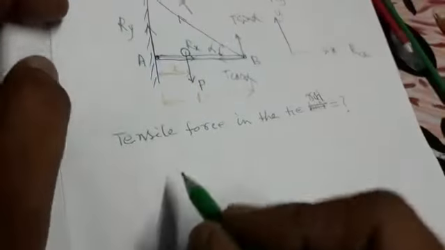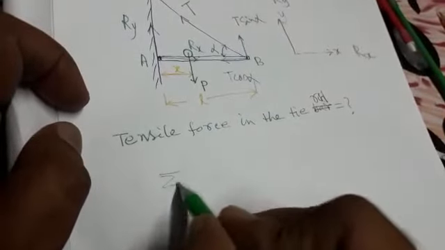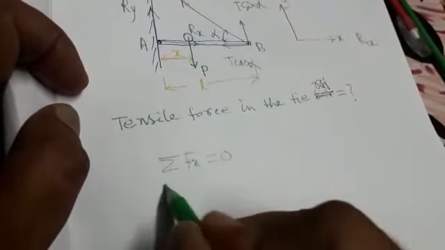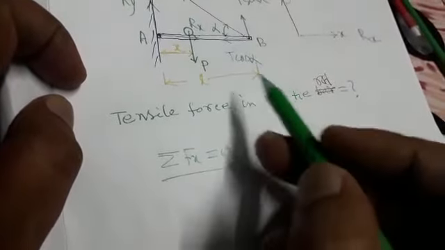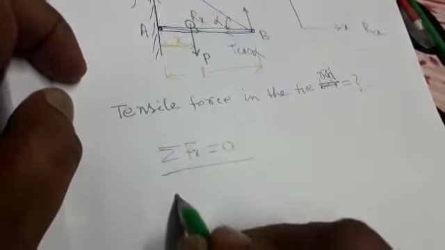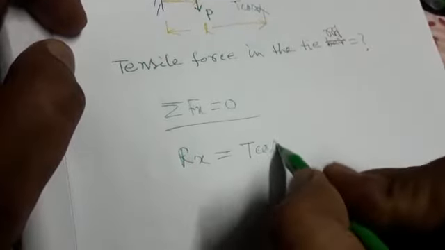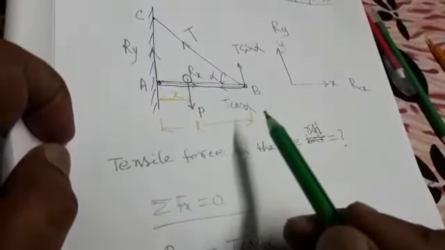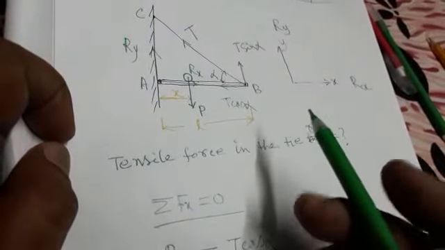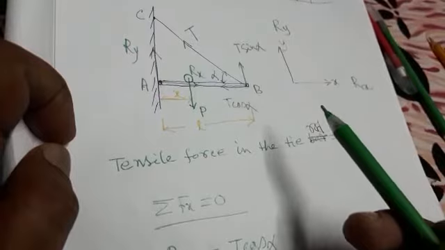Since the total system is in static equilibrium, therefore sigma Fx must be 0. That means Rx is equal to T cos alpha, and there is no more horizontal force. And how many vertical forces are there?